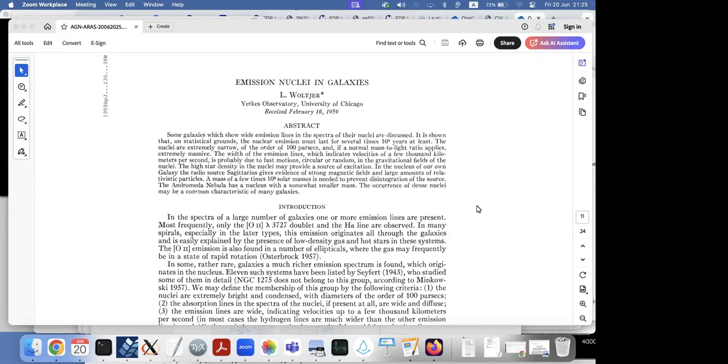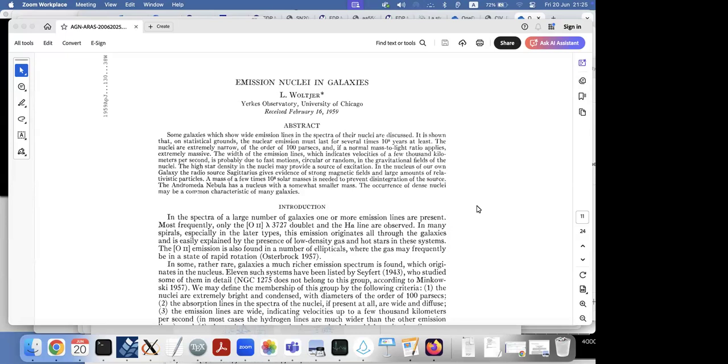In the 60s, this was shown to be actually unstable, that if you could get that much mass in that small a region, the physics of strong gravitation, effectively general relativity, would say that the tidal effects, the warping of space-time, would become so strong that these would actually collapse into some central object that now we would call a supermassive black hole.